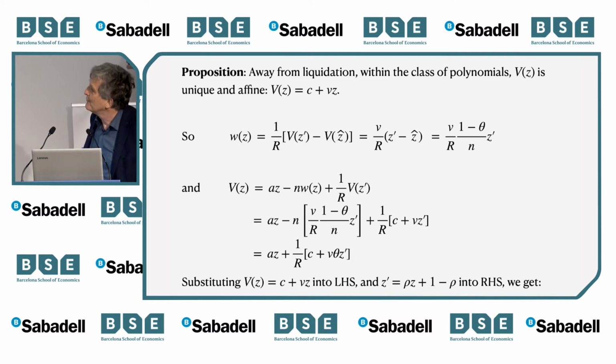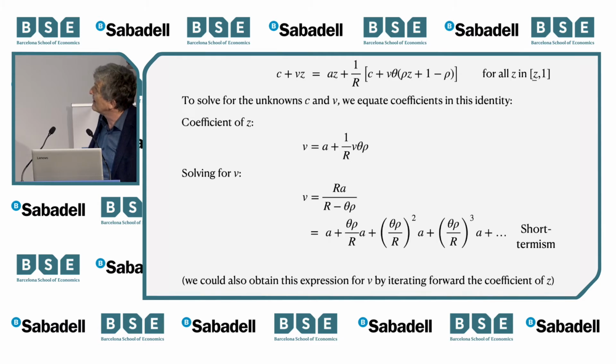Putting it all together, we've got a formula for V. Of course, it's not that good yet because I don't know the coefficients yet. I don't know what C is, I don't know what nu is. Now, if we also substitute into the left-hand side the functional form that the proposition tells us, and substitute in for Z prime using this AR1 process into that right-hand side, putting all that together, you end up with this identity which has to hold for all values of Z in the critical range from Z lower bar up to 1.